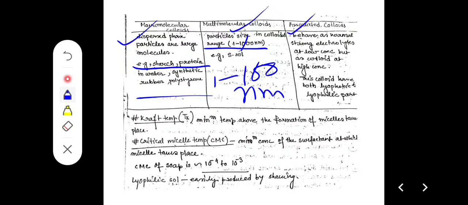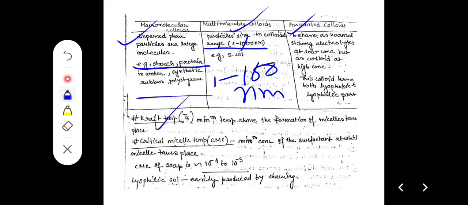When the concentration is low, they behave as strong electrolytes, but when the concentration is high, they act as colloids. A strong electrolyte, we know, dissociates completely into its corresponding cations and anions, so they are termed strong electrolytes. These colloids have both a hydrophobic and a hydrophilic part. Associated colloids are basically rare.